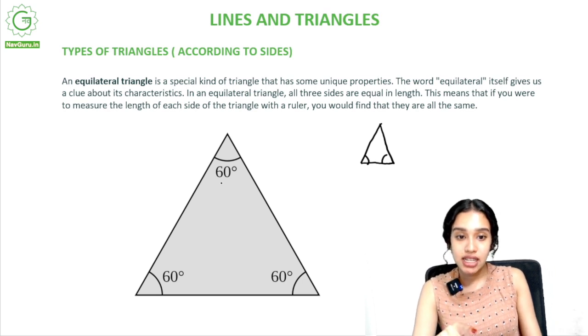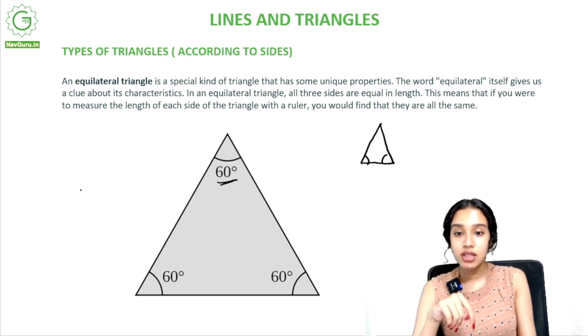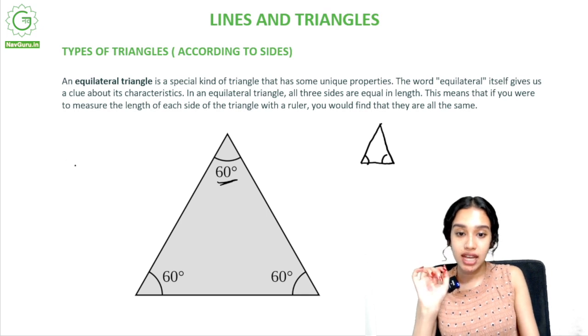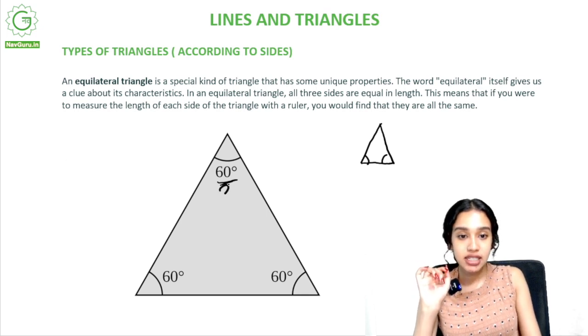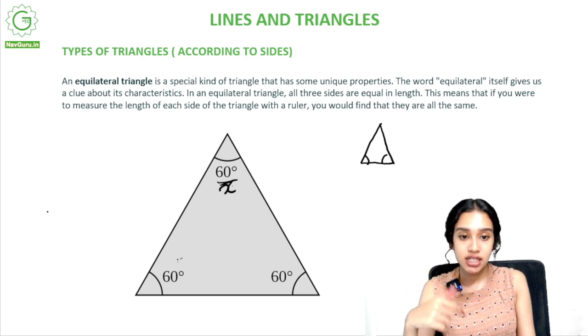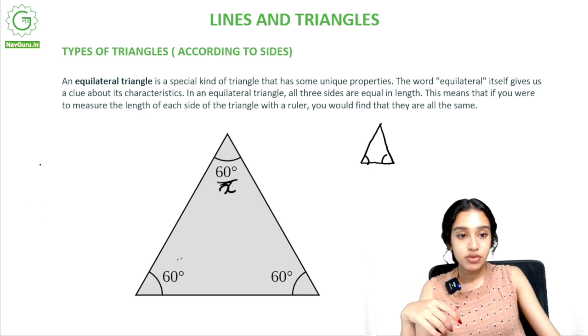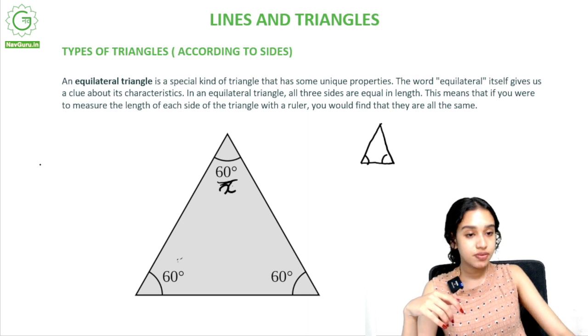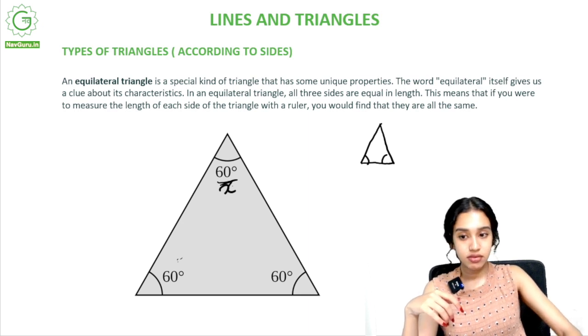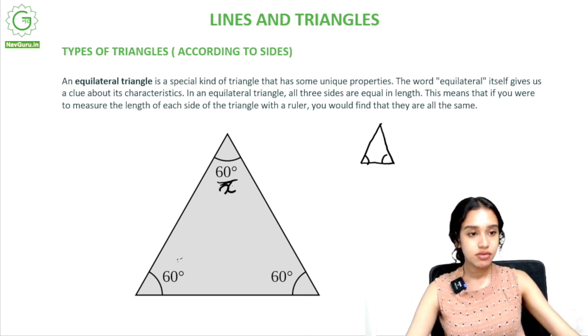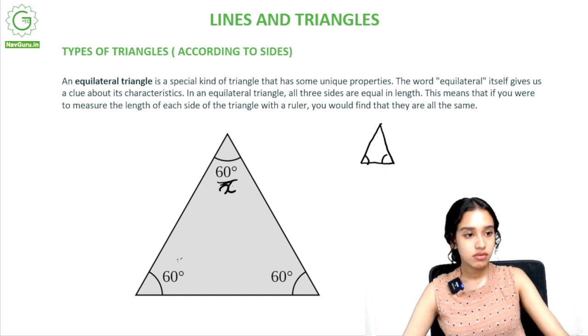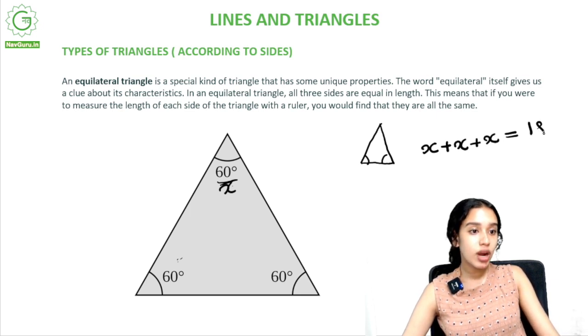Now, how did we get this angle as 60 degrees though? We said that the sum of all angles, let's say this was x degrees. If this is x degrees, all three are x degrees. So x and the next x and the next x adds up to 180 degrees.